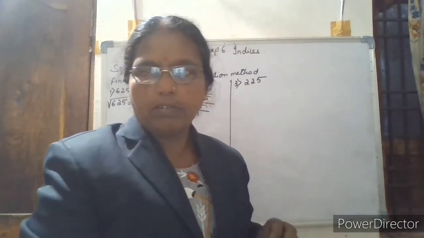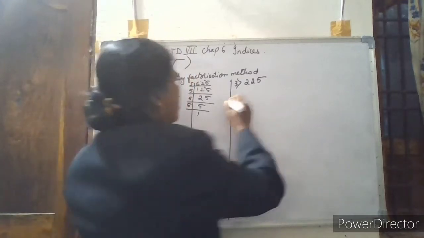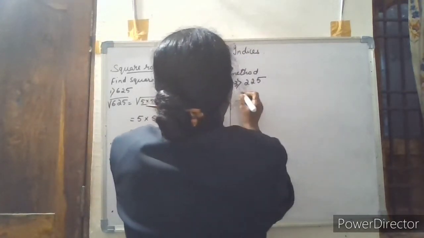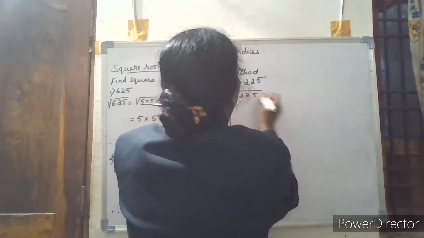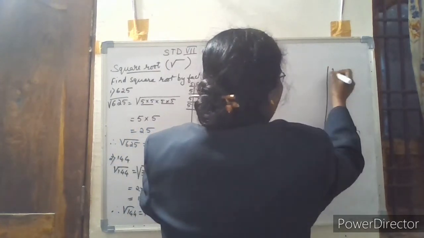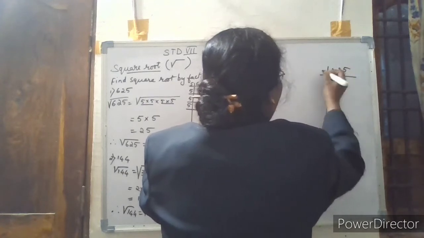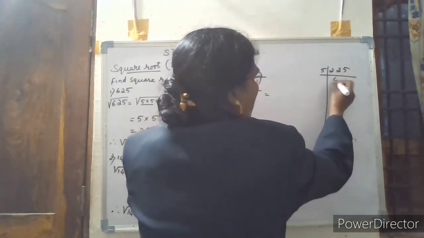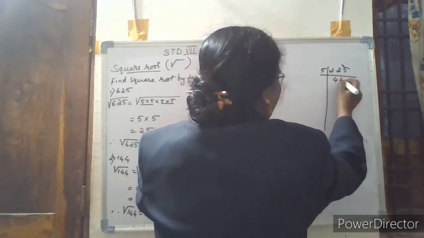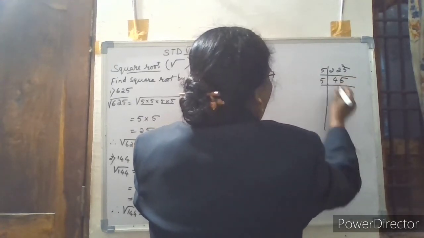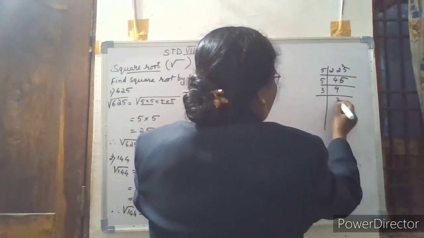Now let us start with the third question, 225. So root of 225, factorize this. 225 divided by 5: 5 fours are 20, carry 2, sorry, 5 fives are 25. 5 nines are 45, 3 threes are 9, 3 ones are 3.